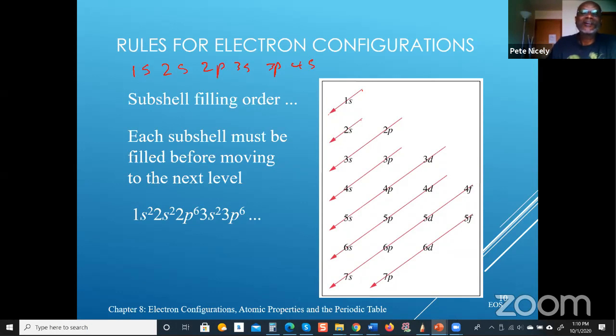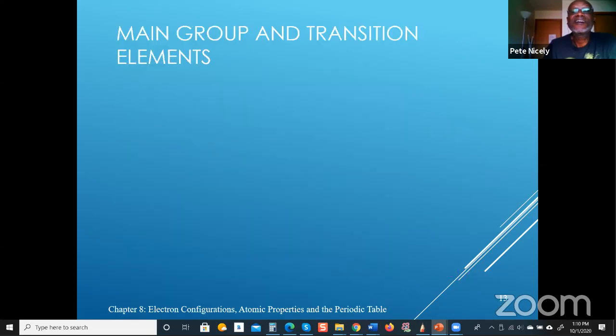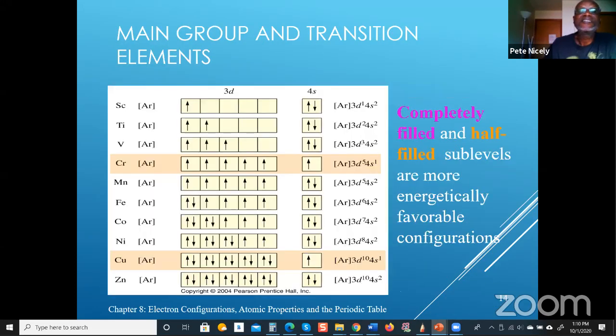So the correct order would be 4s first, followed by 3d. So this should actually be 4s2 followed by 3d1, 4s2 followed by 3d2, and so on. 4s comes before the 3d, so please make a note of that.